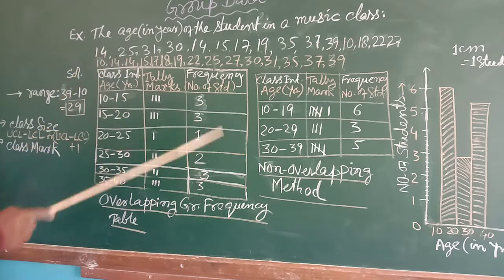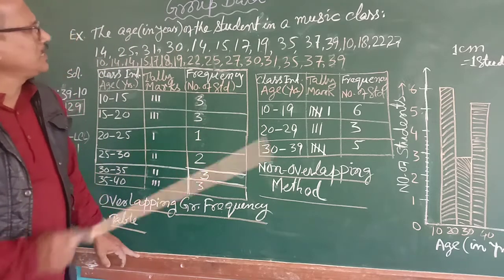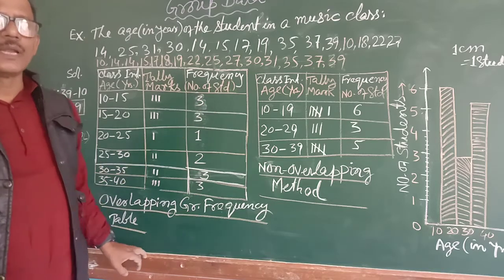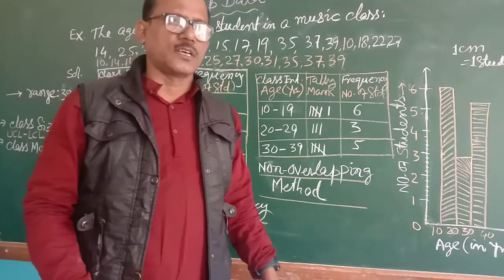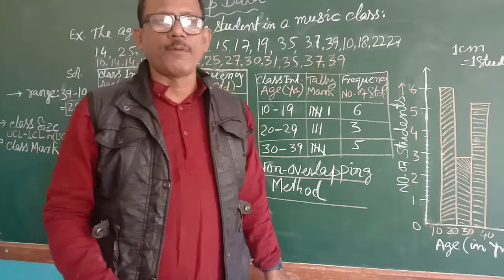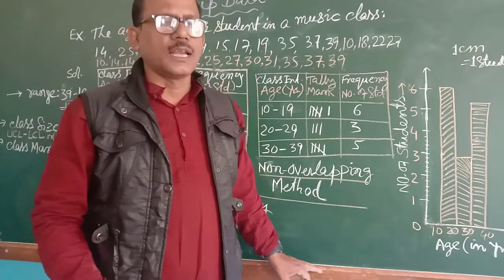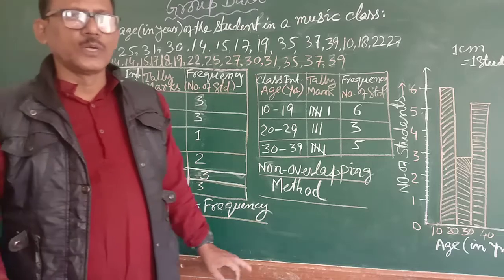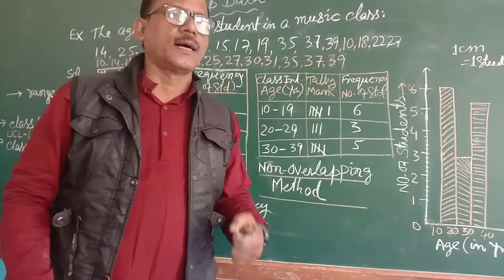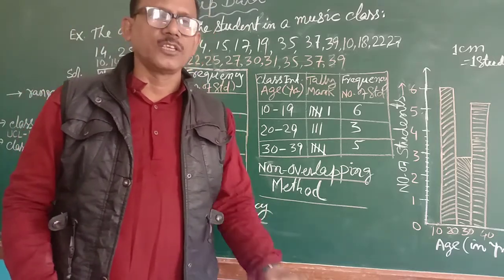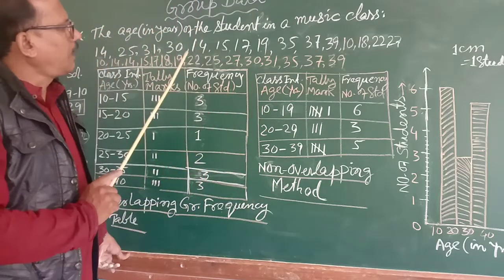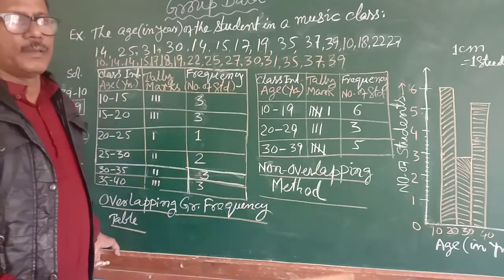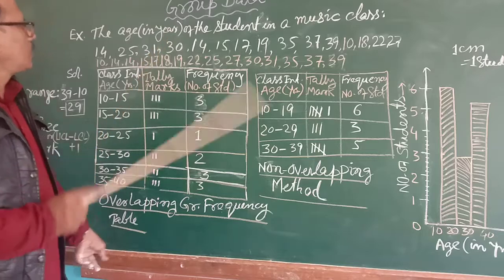I have taken an example of the age of students in a music class. A music class consists of different ages. So in a guitar class, there are teenagers, grown-ups, and young people. I have taken the data of those ages.